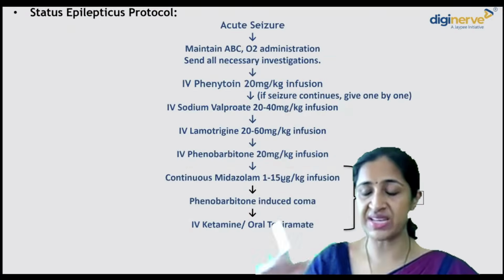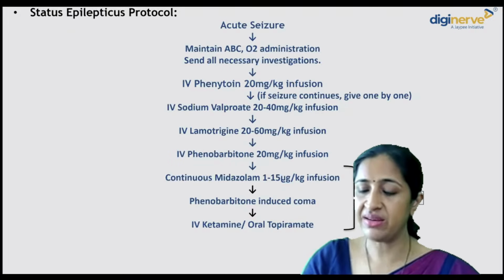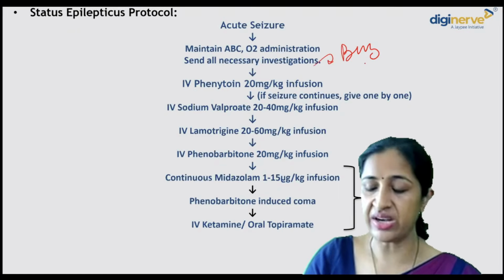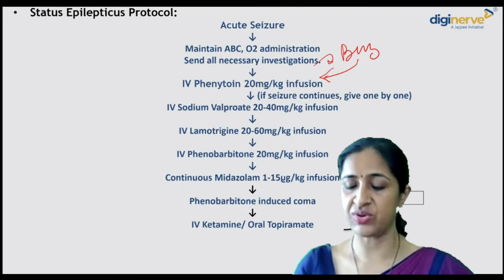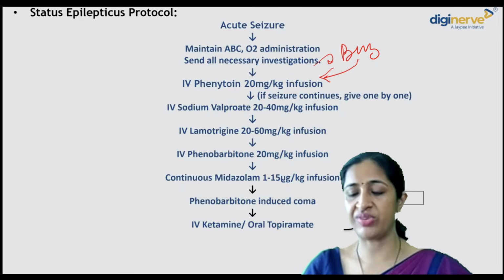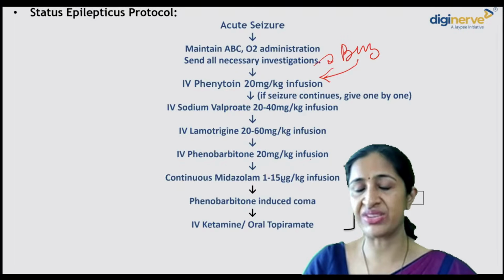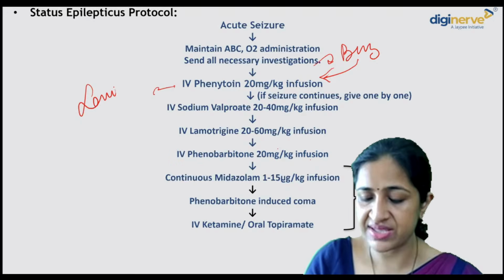Status epilepticus, I taught you the definition. Acute, ABC always. Then benzodiazepine. If uncontrolled with benzodiazepine, proceed to IV phenytoin, fosphenytoin, from fosphenytoin to valproate. Now from valproate, we are deciding whether to go for levetiracetam.